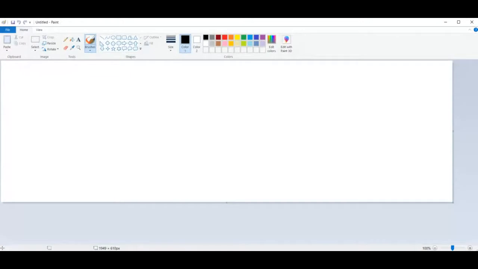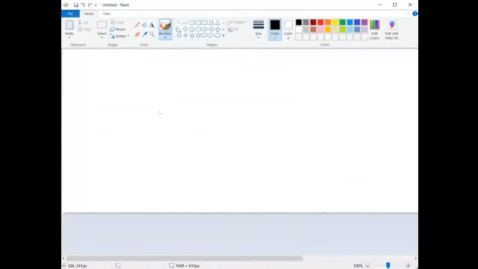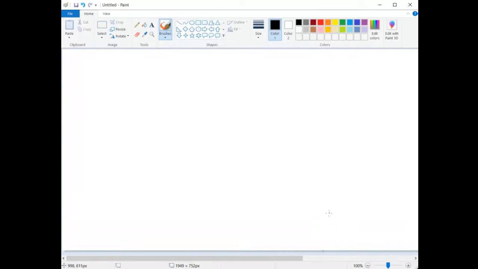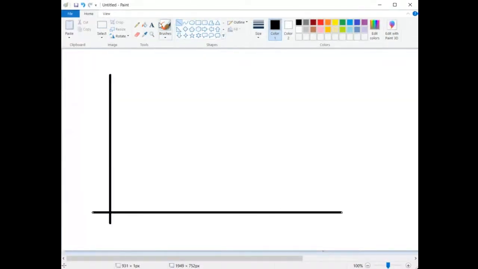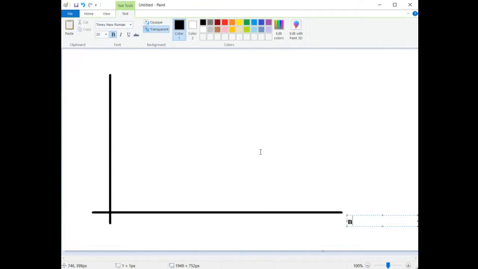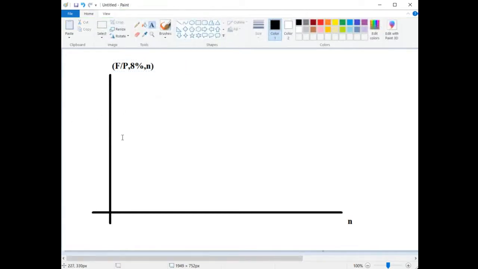All right. So this is just going to be our page where we apply the linear approximation. So what we are going to do is this. We are going to draw a two-dimensional plane, and here we are going to have the number of investment years n, and here we are going to have the single payment compound amount factor f over p for 8% interest rate for n years, okay, as a function of the number of investment years.